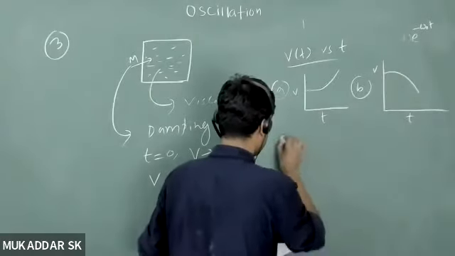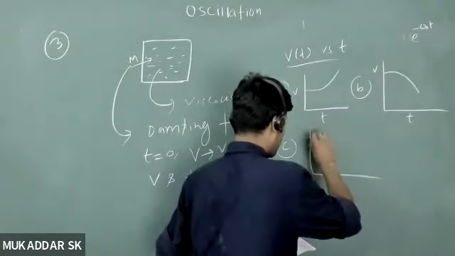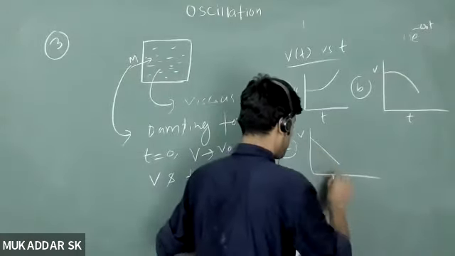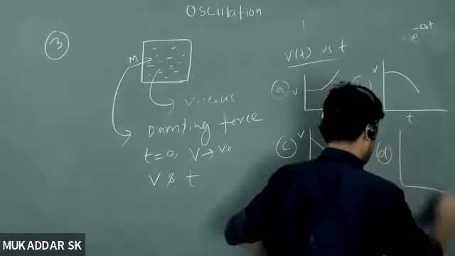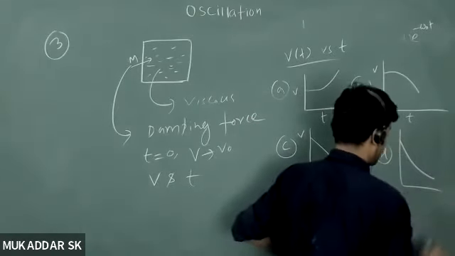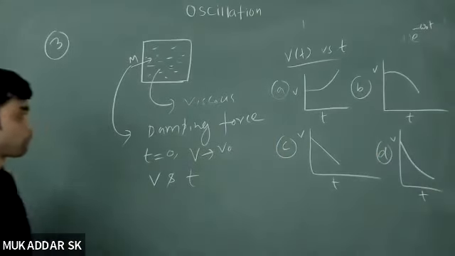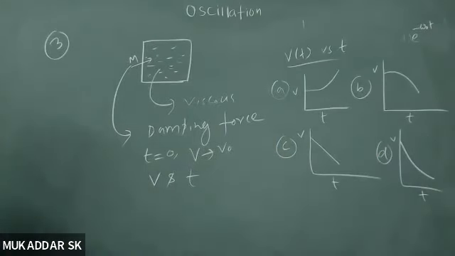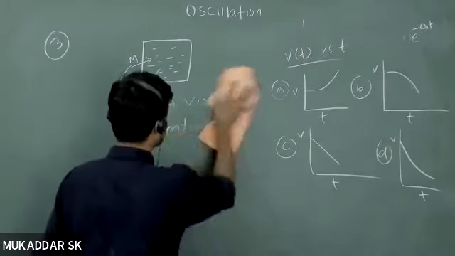Third option, will it be like this? And last option, will it be like this? Okay, so I'll proceed, and this kind of problem is really important for your exam purpose.